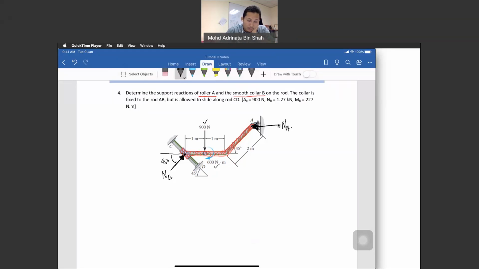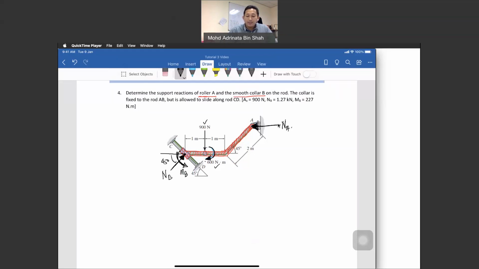We have moment B, this one 600. Okay, and that's it. Our body, external load and support reaction.